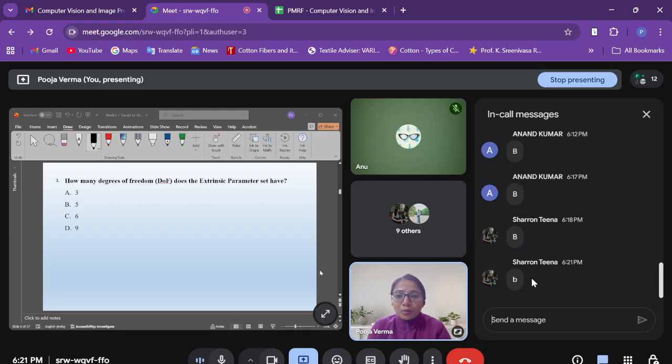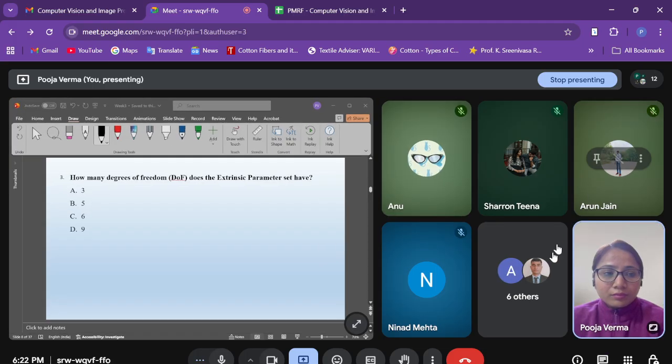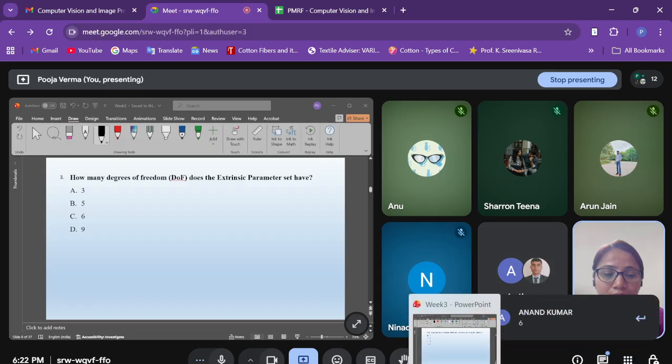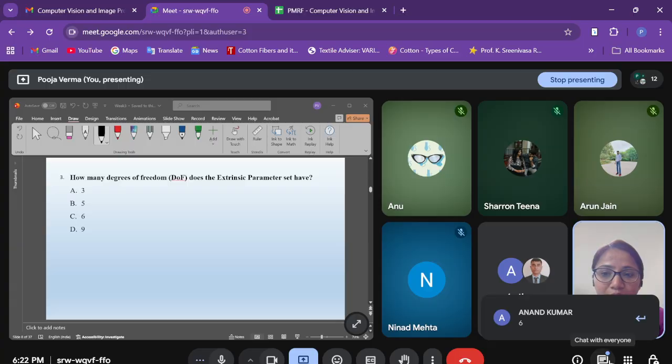The question is how many degrees of freedom does the extrinsic parameter set have? Okay, 6.